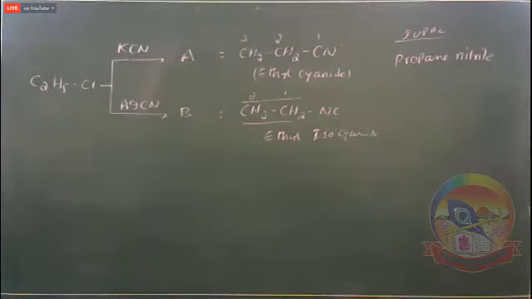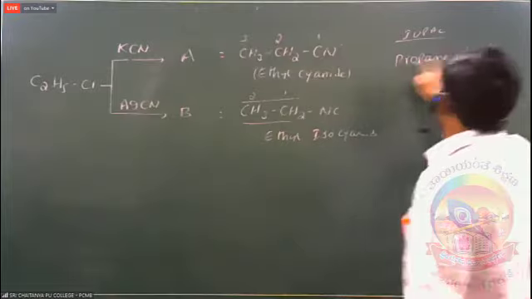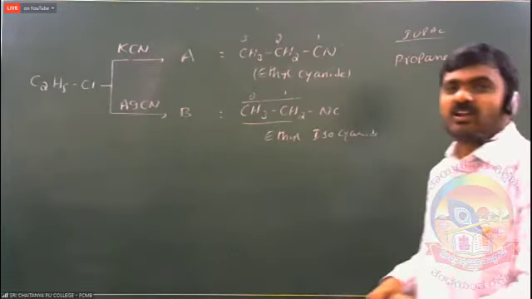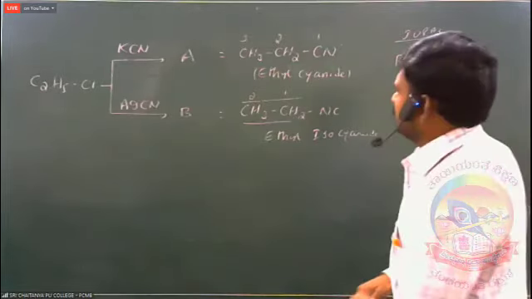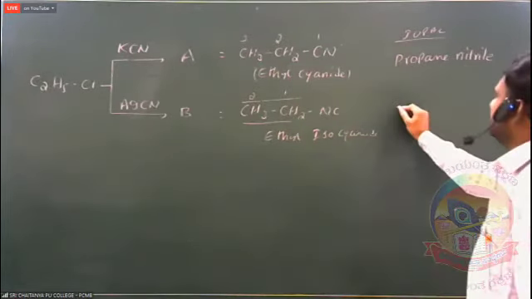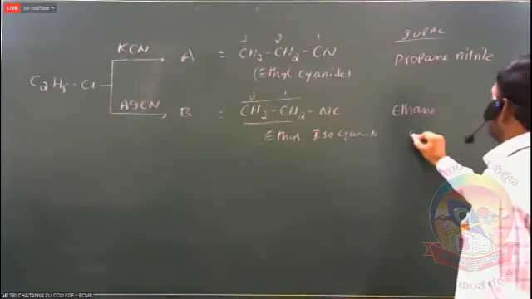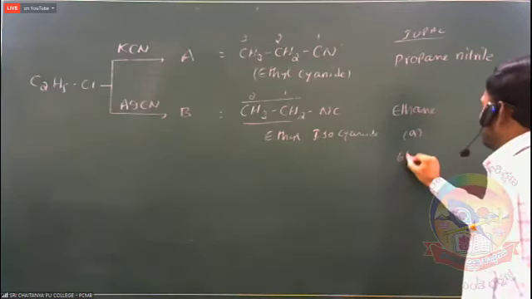What is the IUPAC name of ethyl cyanide? 1, 2, 3: propane. Cyanide is called nitrile. So the IUPAC name of cyanide is alkane nitrile. Next one, the IUPAC name of isocyanide: ethane carbylamine, or it is also called ethyl carbylamine. Both are correct.